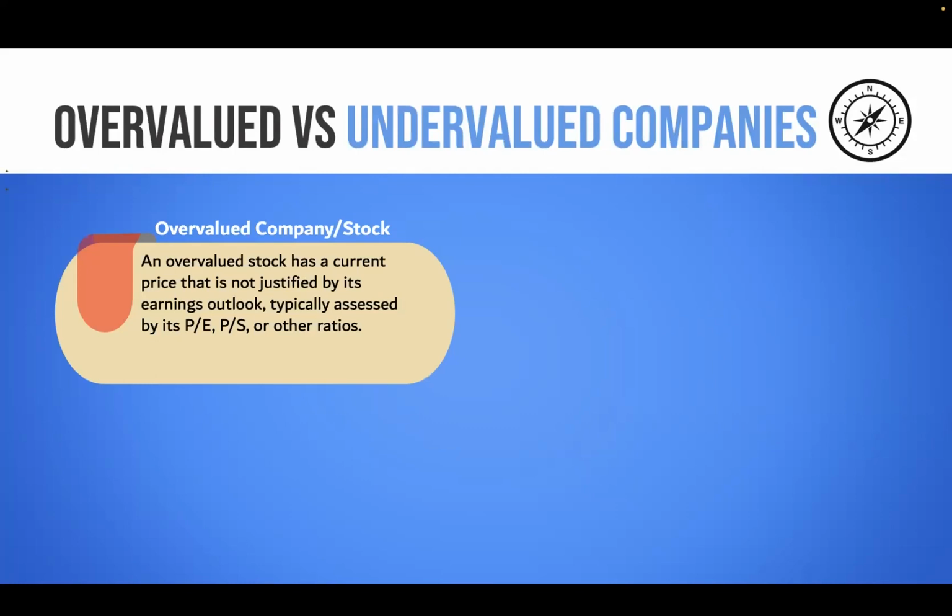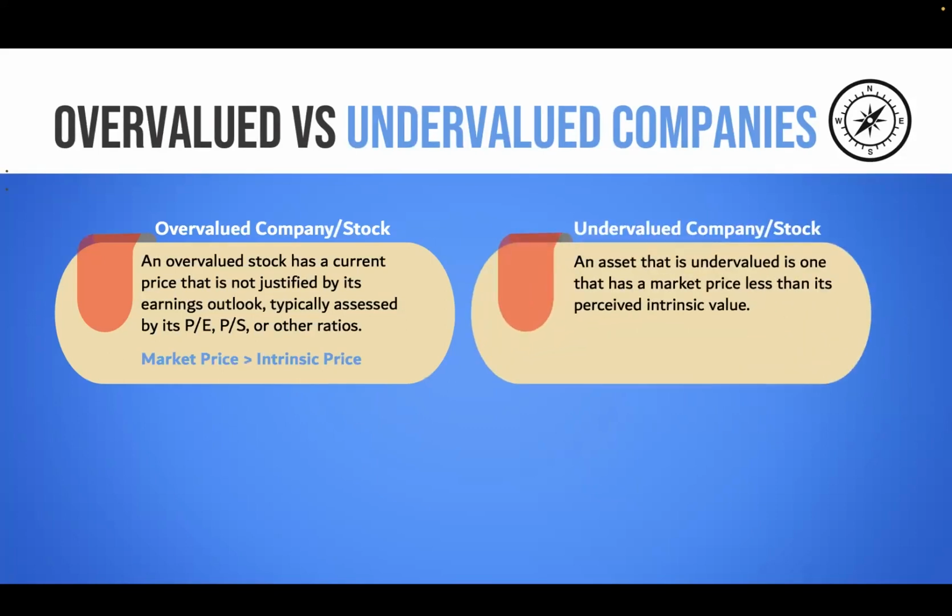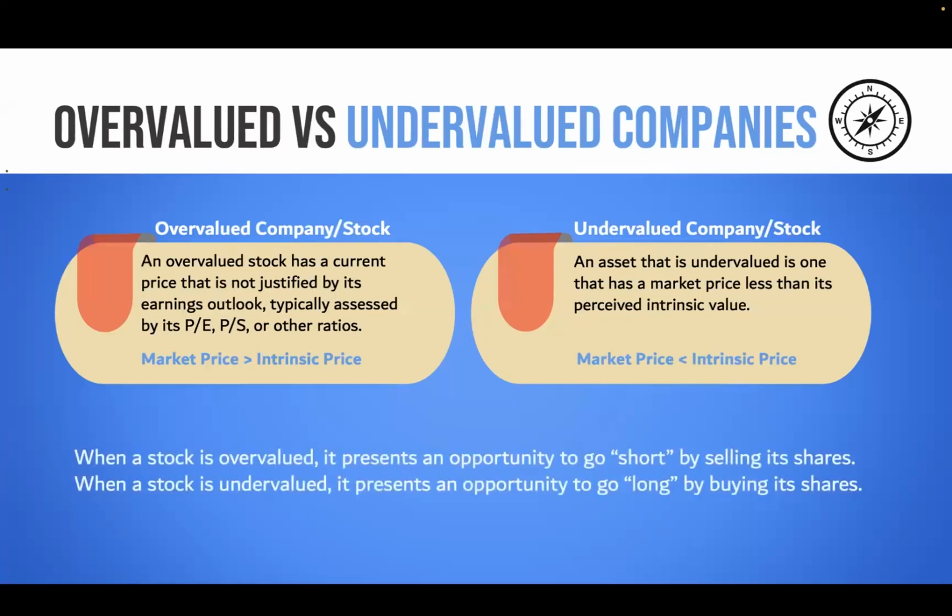The stock price is too high. It's overvalued. And usually the market price is greater than the intrinsic price. And undervalued is quite similar, where market price is less than perceived intrinsic value, right? So as I said, when a stock price is overvalued, mostly people go short by selling it. When it's undervalued, they usually buy it and stay long.